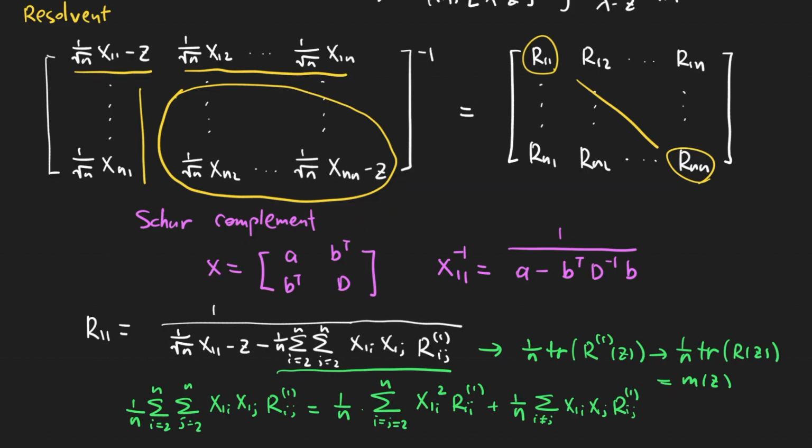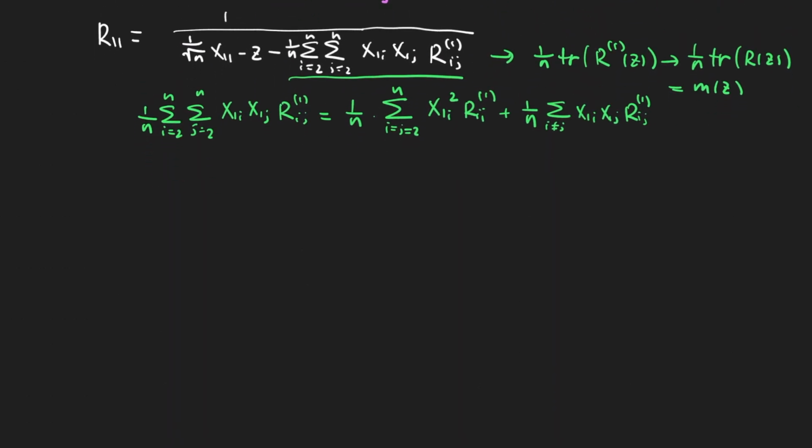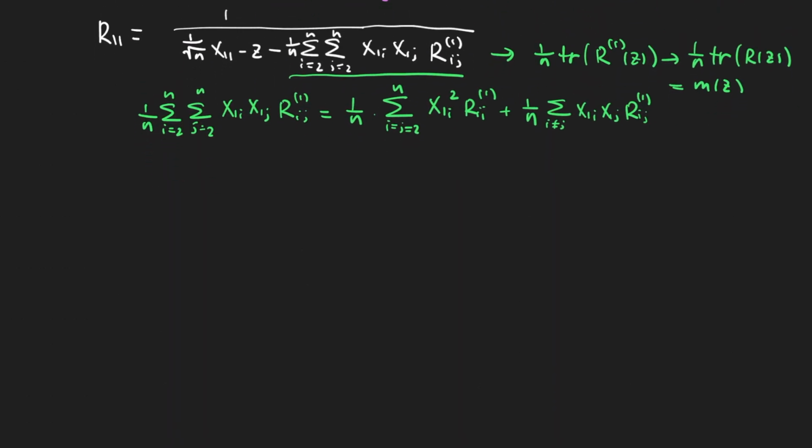So the reason that we want to do this separation is because we want to use the property of the matrix entries, right? It has mean 0 and variance 1. So that's the property we want to use. So recall that we have the expectation of x_ij equals 0, and the variance of x_ij equals 1.